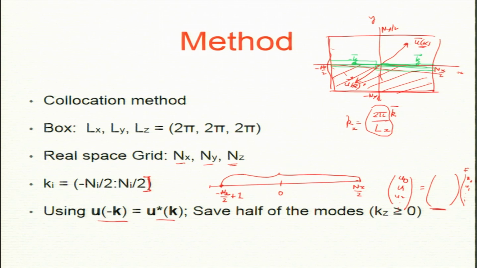If this is alpha, then this must be alpha star. This reality condition we need to make sure is working, otherwise your code will have problems. In 3D, it is a simple generalization. These are some rules we need to keep in mind, and if you do it properly, it is quite easy.